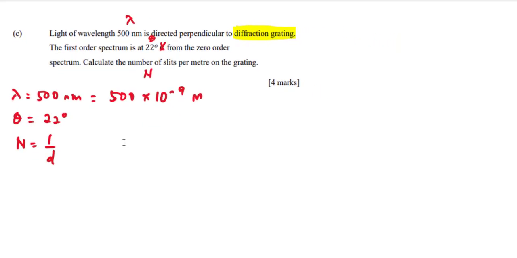What is the formula that we are using here? We use d sine theta equals m lambda. So d sine 22 degree equals m, since it is the first order, so m equals 1.